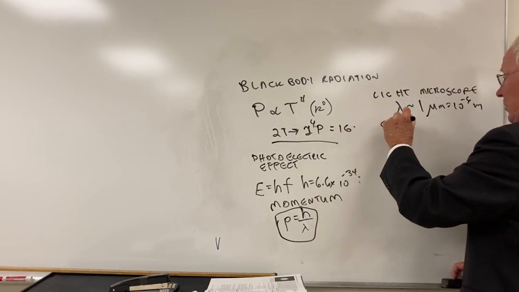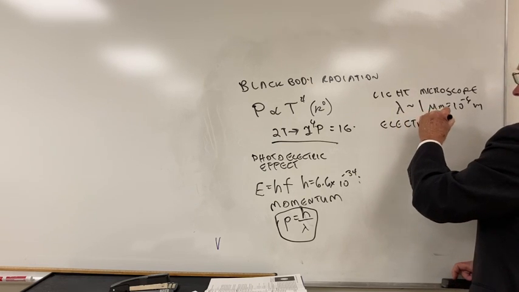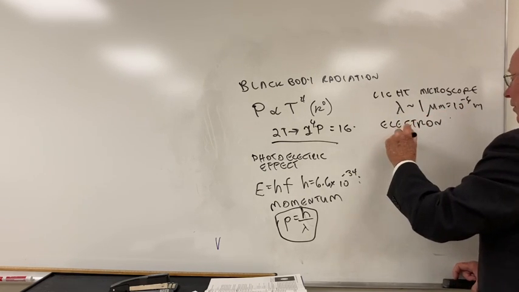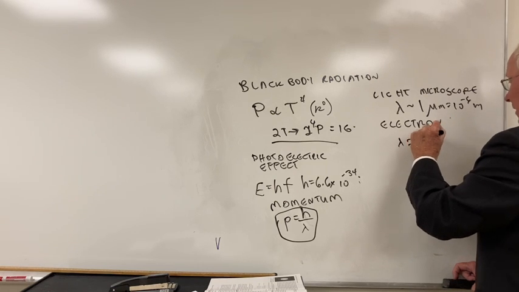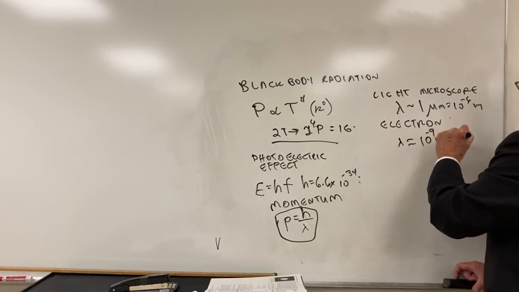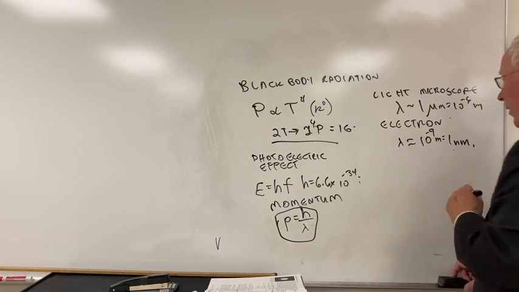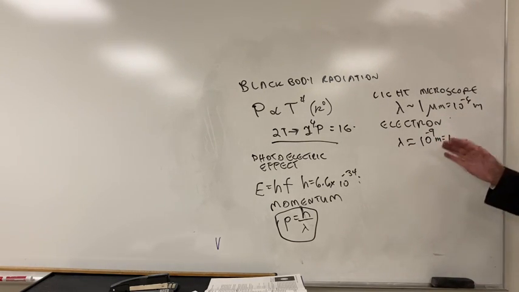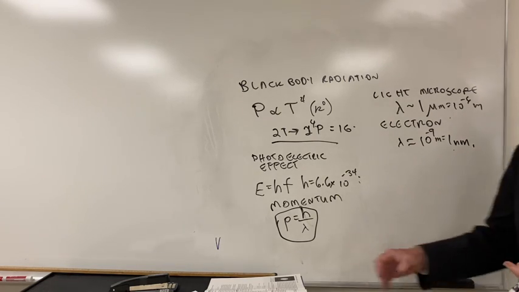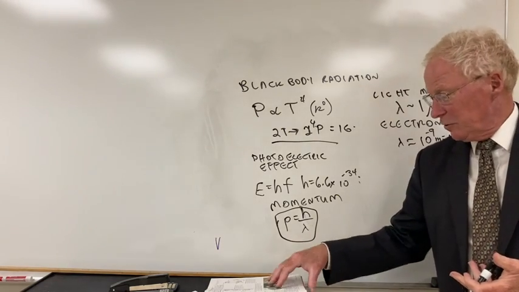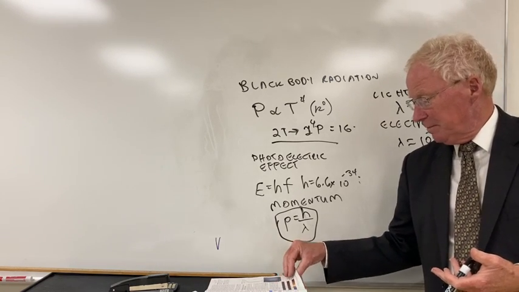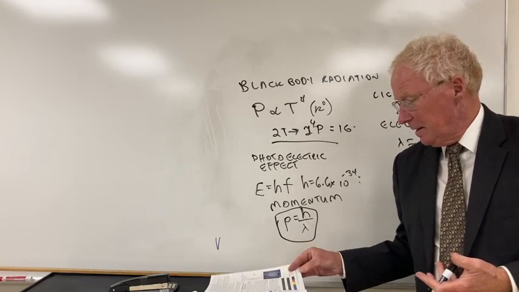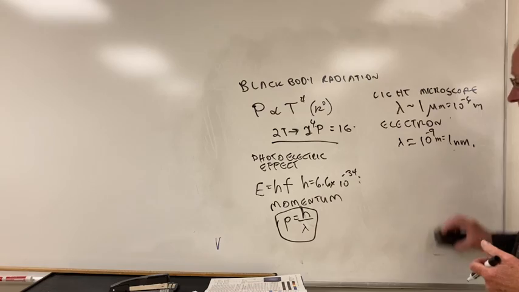But with an electron microscope, you can get down to about 1 nanometer, or 10 to the minus 9th meters. Far more accuracy using electrons as the light source for electron microscopes. Okay. We also talk about atomic spectra.